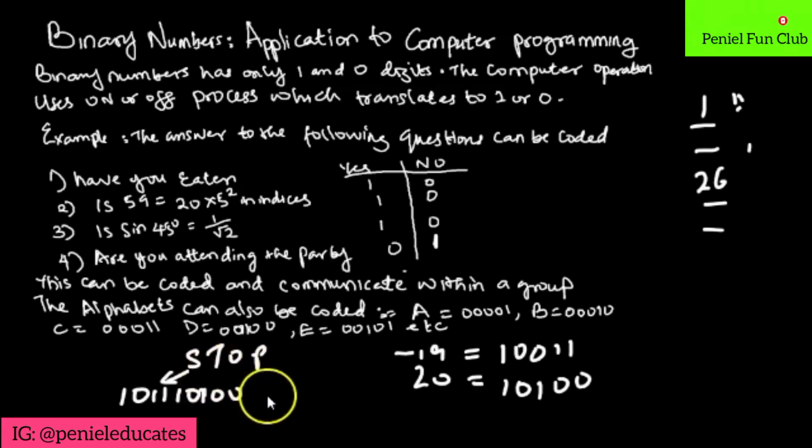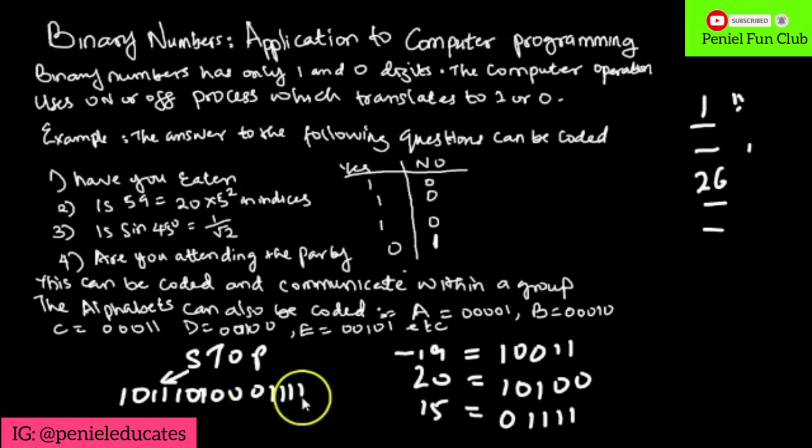Then for O, the position of O is just 15. If you convert 15 to binary, it is actually 01111.